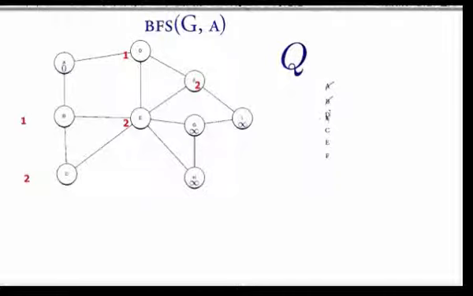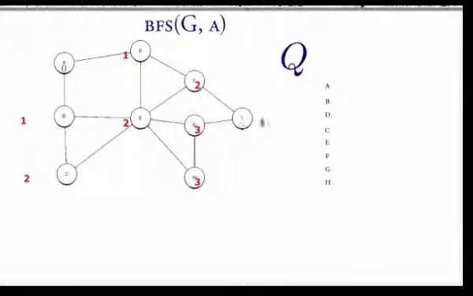A, B, and then D, C, and F. And now you would pop C. And when you pop C, you don't add any nodes. When you pop E, you would add H to the node, and you would set this to 3. Okay? And then when you pop F, you would add I to this node, and you would add 3. Right, so everybody see how that works.